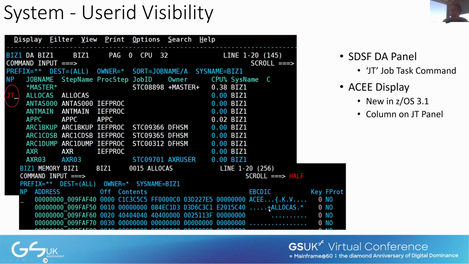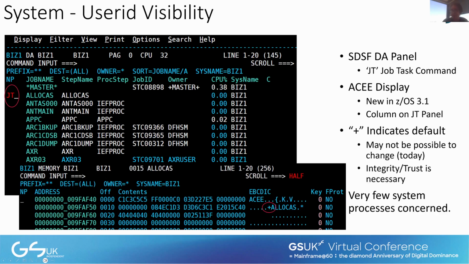And the plus here is the thing that is just a weird one. The plus here indicates that it's a default user ID used by z/OS. It doesn't exist as a user ID. And the idea is for every new version of z/OS, I look at if these system address spaces can be attributable to a user.